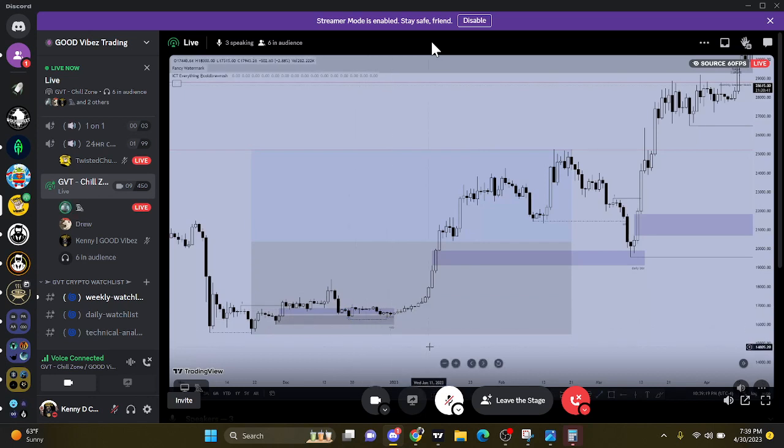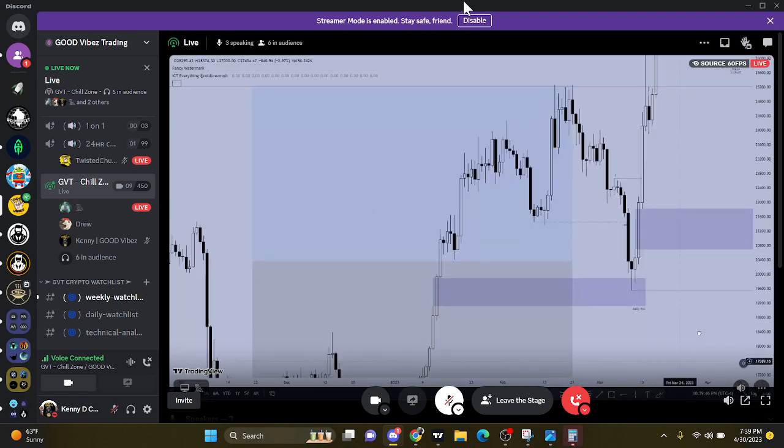No. Or this? No. This is in its own self an intermediate term low. Or well, yeah, short term low here, short term low there, because it's higher, higher, lower.